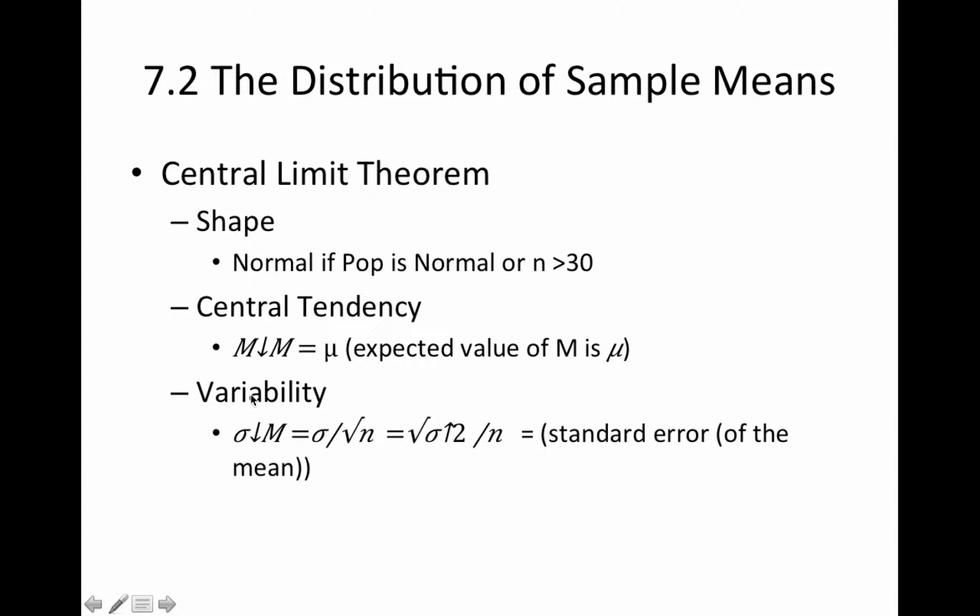Okay, variability, now we're going to talk about what is the standard deviation of the distribution of sample means. That's sigma sub m. Okay, that's what that symbol should say.